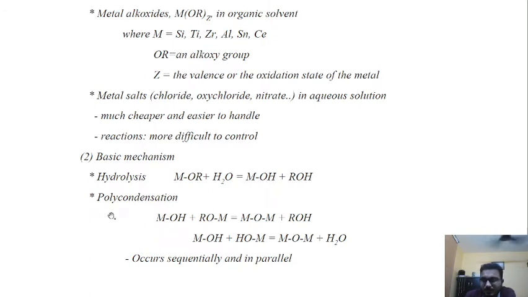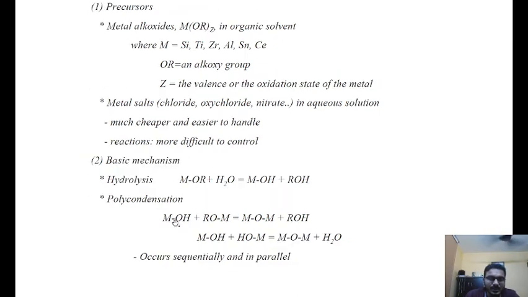Then we have polycondensation of MOH plus ROM, so we get MOM plus ROH. And one more process: MOH plus HOM gives us MOM plus H2O. This occurs sequentially and in parallel. These two processes are polycondensation.